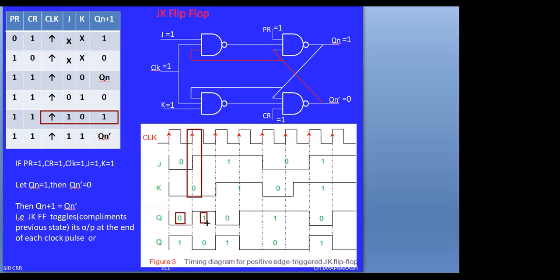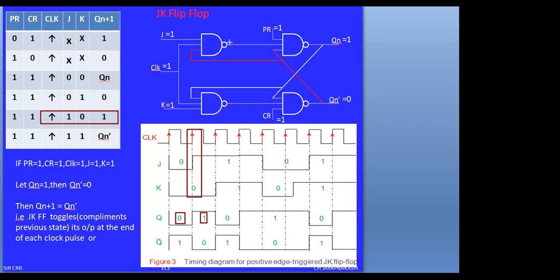Because as per the functional table, when JK flip-flop has 1, 0, the flip-flop will be set to 1, whatever may be the previous value of Q of n. Whether previous Q of n is 0 or 1, it becomes 1. Okay. Next, Q bar is the complement, so the opposite waveform comes.